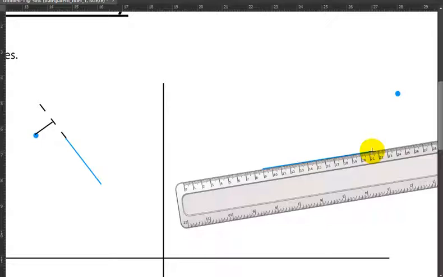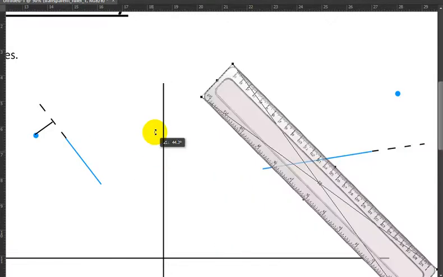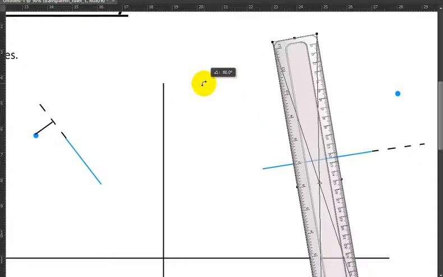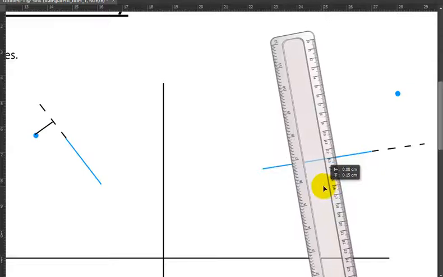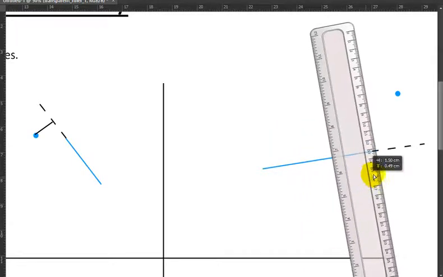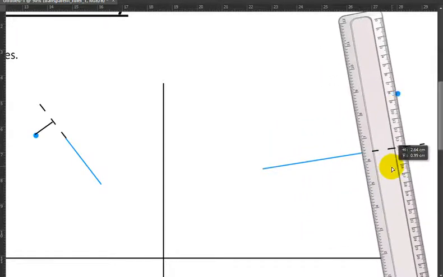Okay, so I'm now going to create a new line that is projected from the old one. And I will make it be cut a little bit. I will rotate my ruler to make it perpendicular to the blue line. And then I will bring it in to the blue dot.